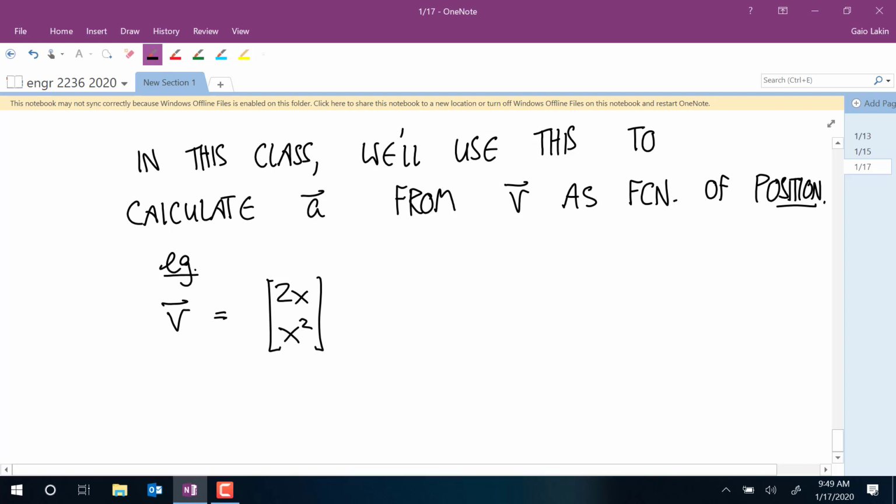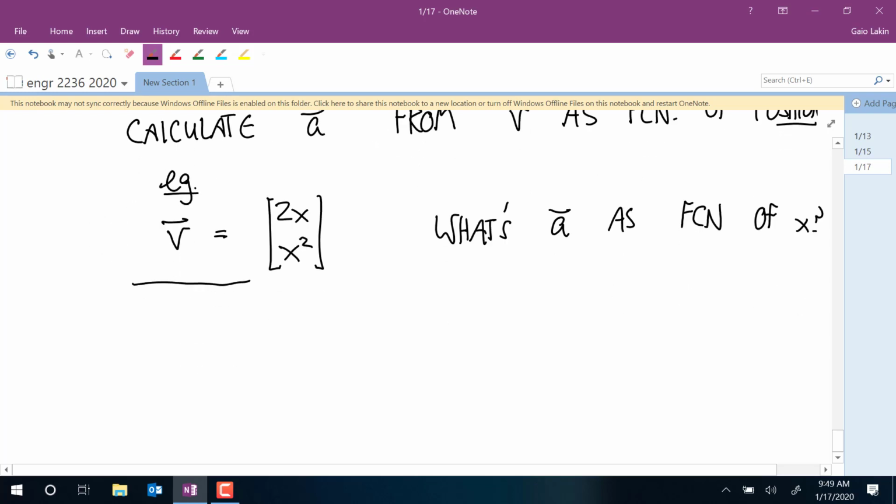And that's a pretty common case. It could come up from using conservation of energy or whatever. So what do you do to calculate the acceleration? Say we want to calculate the acceleration as a function of x.